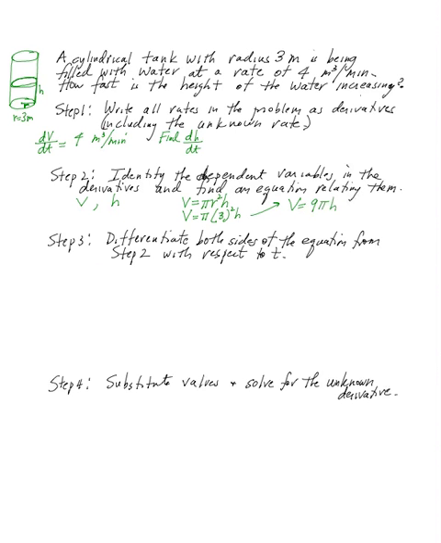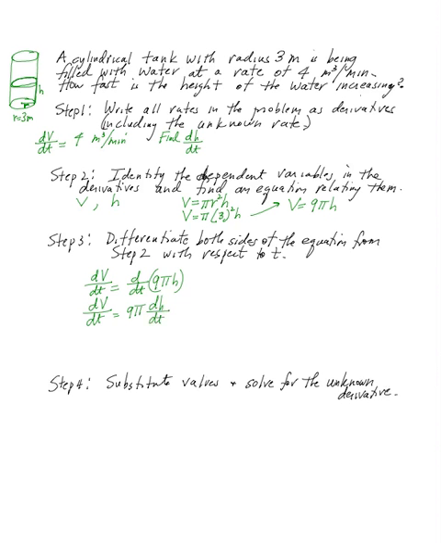Step 3. Differentiate both sides of this equation with respect to t. So dV/dt equals the derivative with respect to t of 9 pi h. So that's 9 pi, constant multiple rule, 9 pi comes out front. So this is our equation that relates those 2 rates.